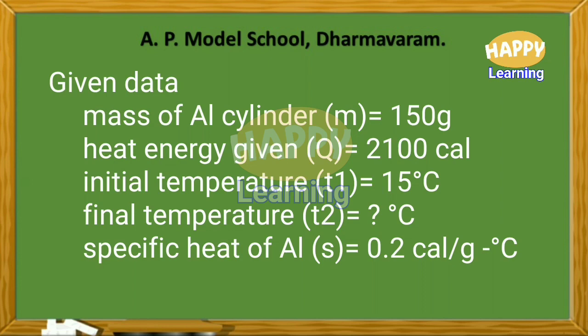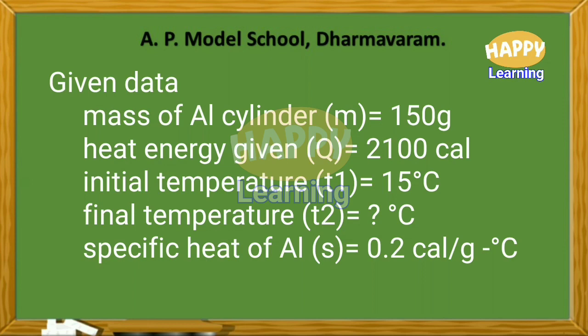Given data. Mass of aluminum cylinder M is equal to 150 gram. Heat energy given Q is equal to 2100 calorie. Initial temperature T1 is equal to 15 degrees Celsius.